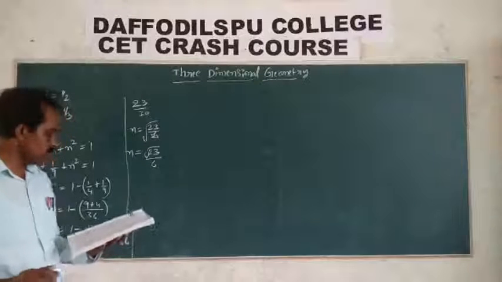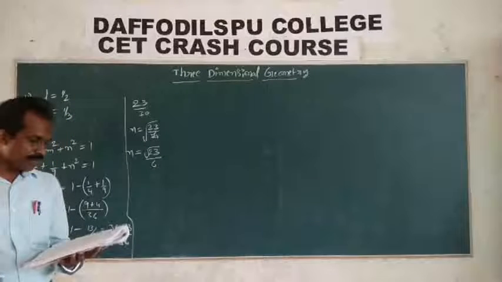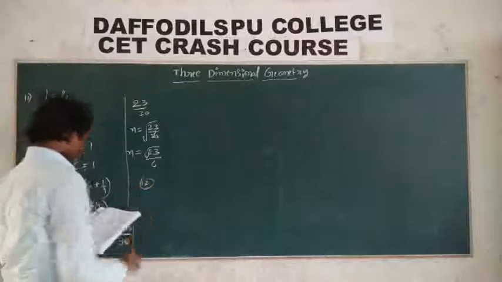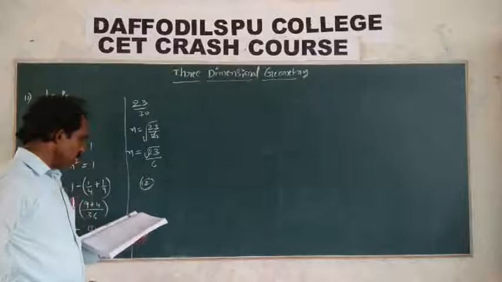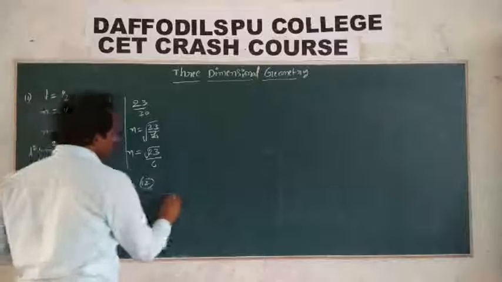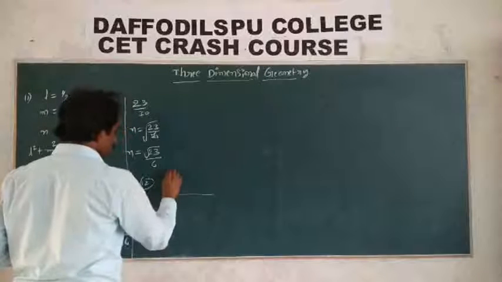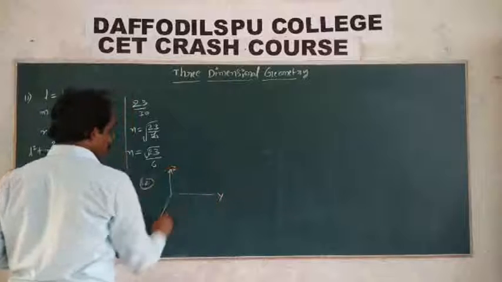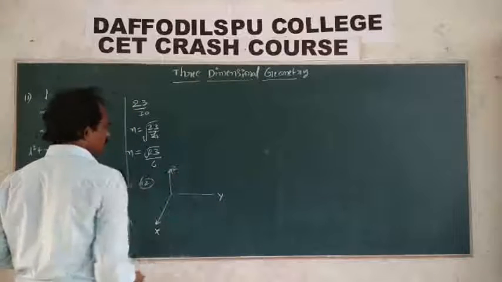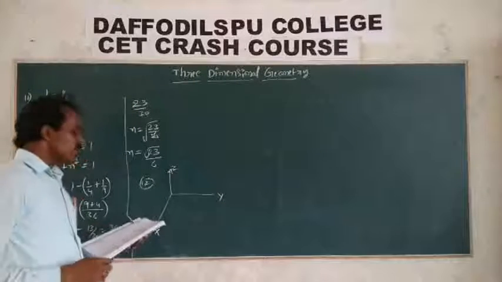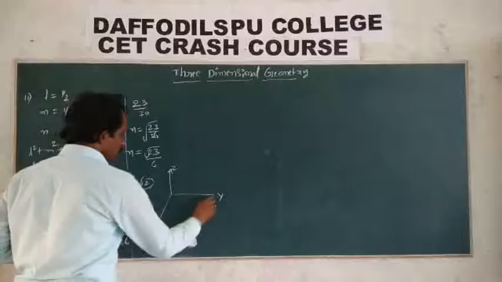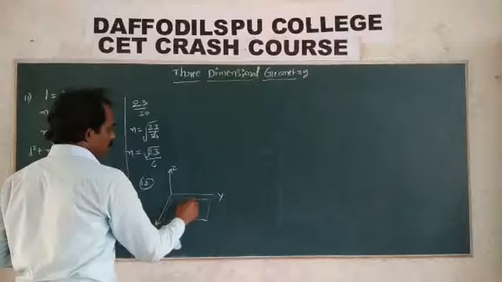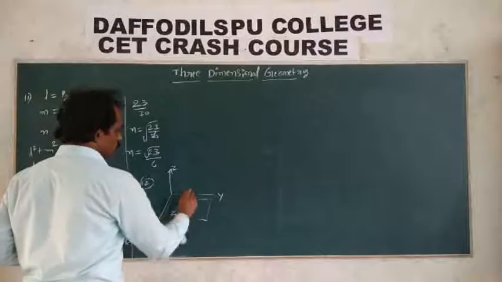Okay, 12th question. The direction cosines of any normal to the xy plane. In the xy plane, the z coordinate is equal to 0.